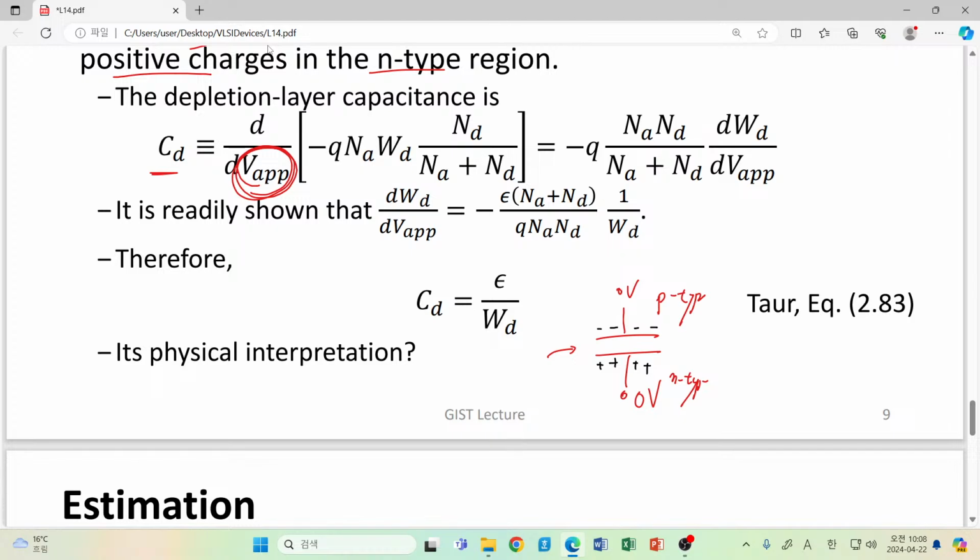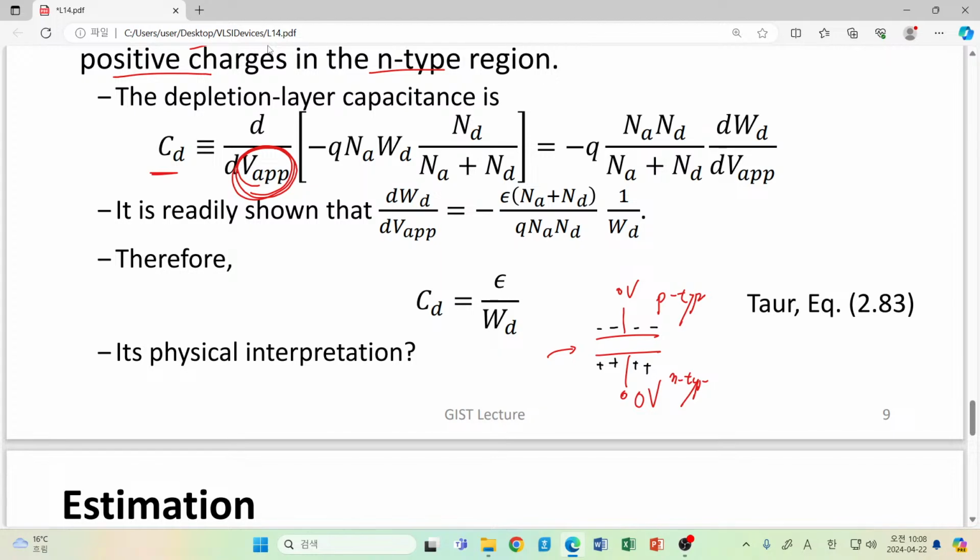This is the situation of our PN junction at equilibrium. Even though we have not applied any voltage difference between cathode and anode, by the action of our PN junction, we have certain negative charges in the p-type region and positive charges in the n-type region.